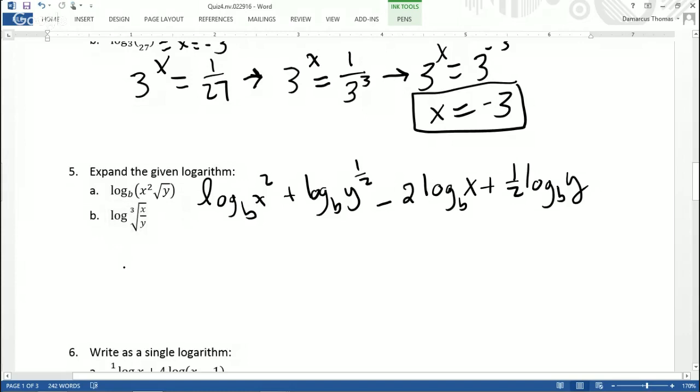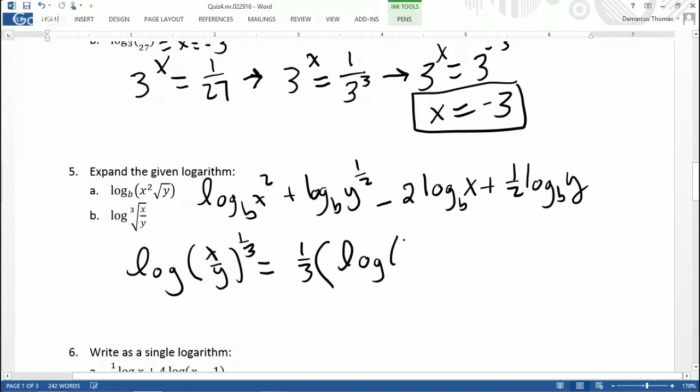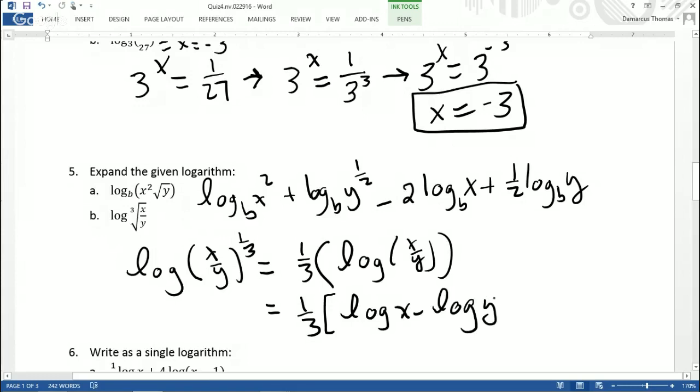Expand. I can rewrite my log as the log of x over y to the 1/3 power. And therefore I get 1/3 times the log of x over y. And that's nothing more than 1/3 of the log of x minus the log of y.